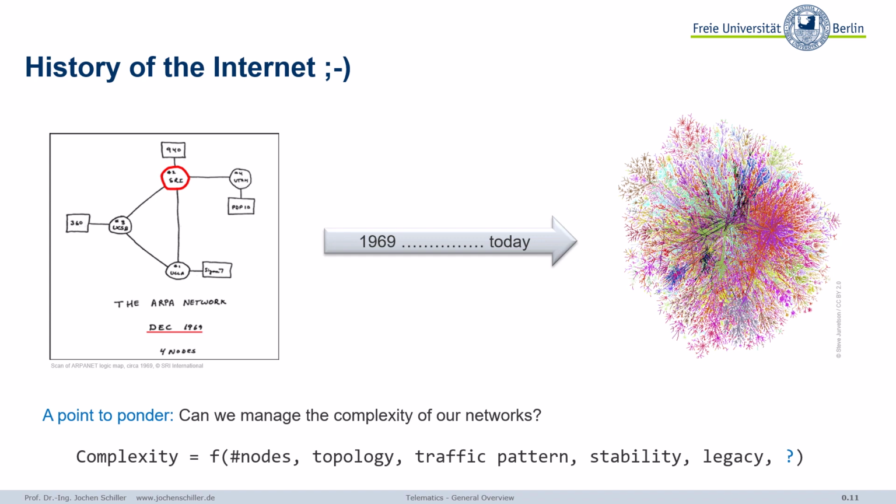But it's also a question of the topology. Is it a very simple hierarchically structured topology, or is it a more anarchic topology? Is it static? Is it more dynamic? Who is controlling the topology? But also traffic patterns. Is it simple email?